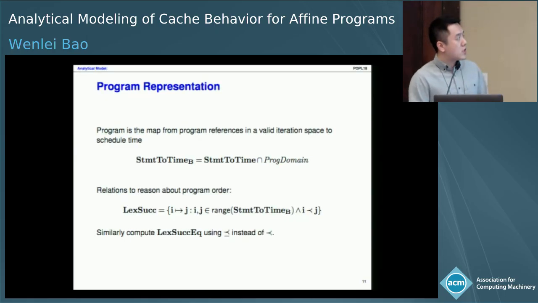Another important relation to reason about the program order is the lexicographically successor time point. This relation maps one time point to a future time point which is lexicographically later accessed. Similarly, you can get the lexicographic successor-or-equal, which means including the time point itself.